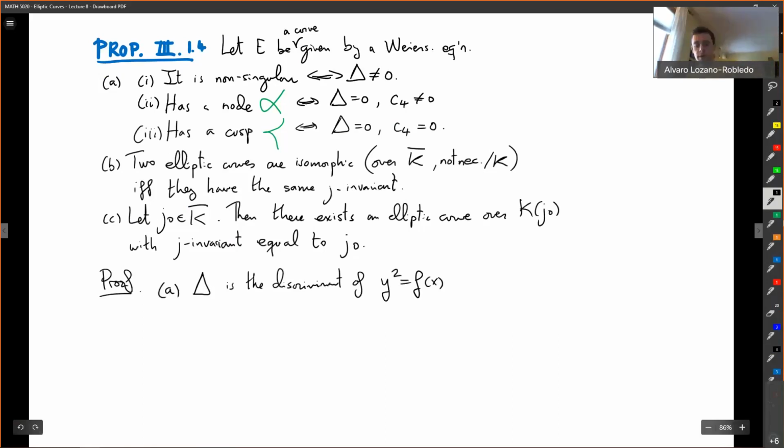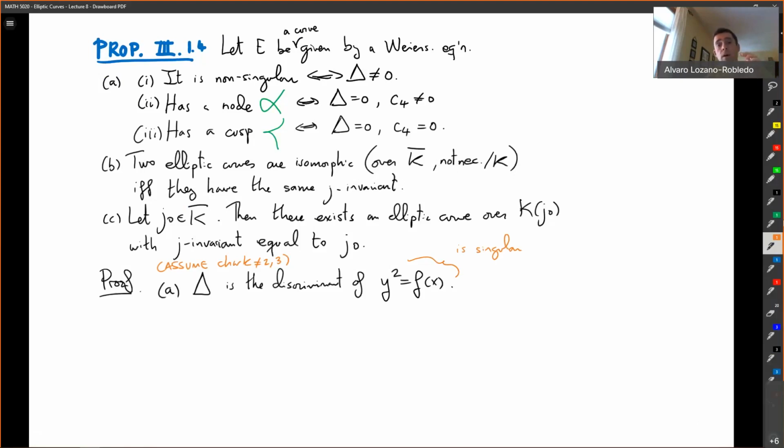I'm going to assume in the proof that the characteristic is not 2 or 3 for simplicity. So I can bring my model to an equation y squared equals f of x. Now, when is E going to be singular? Such an equation is singular precisely when f of x has at least a double root.